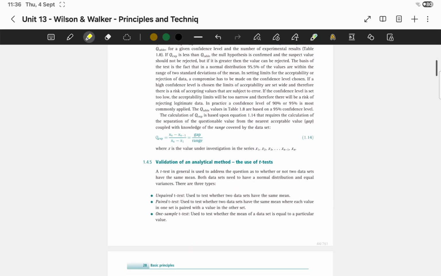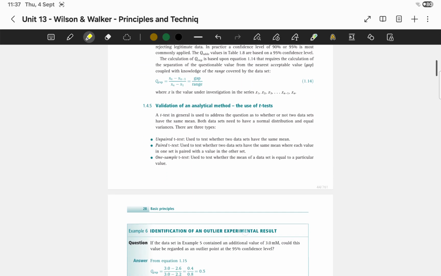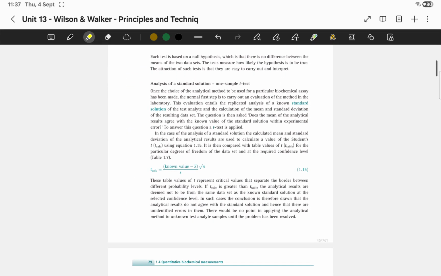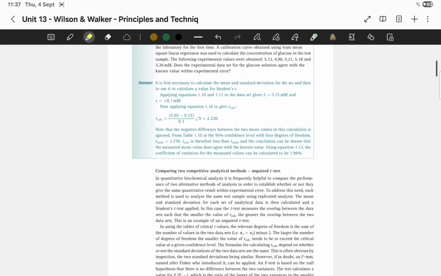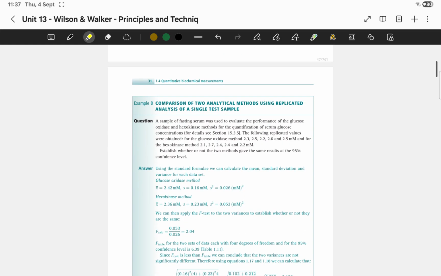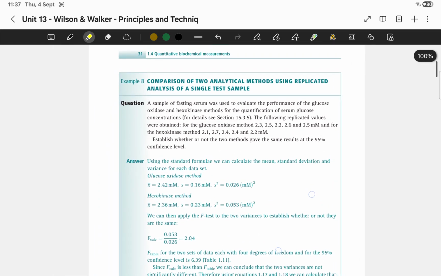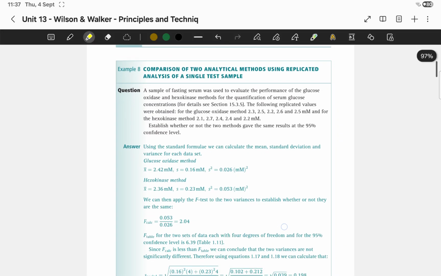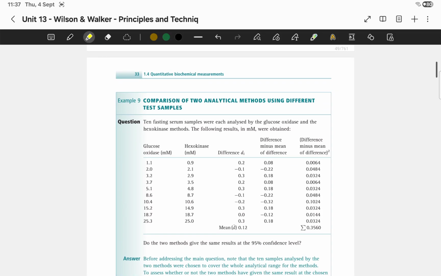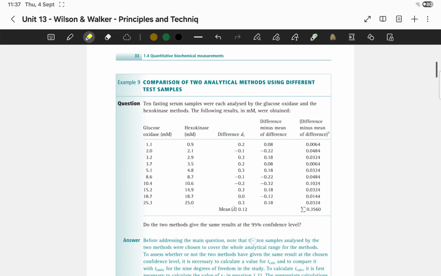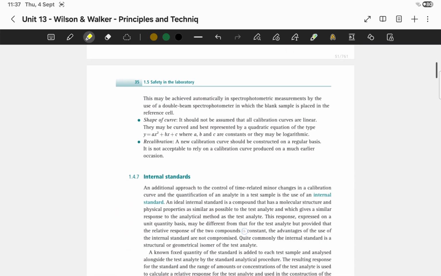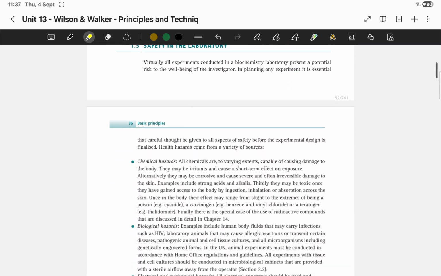Rejection of outliers, validation of analytical method, the use of t-tests, identification of outliers, validation of analytical method, comparing the method to a critical value, comparison of two analytical methods using replicated analysis of a test sample, calibration method, comparison of analytical methods using different test samples, internal standards, safety in laboratory.